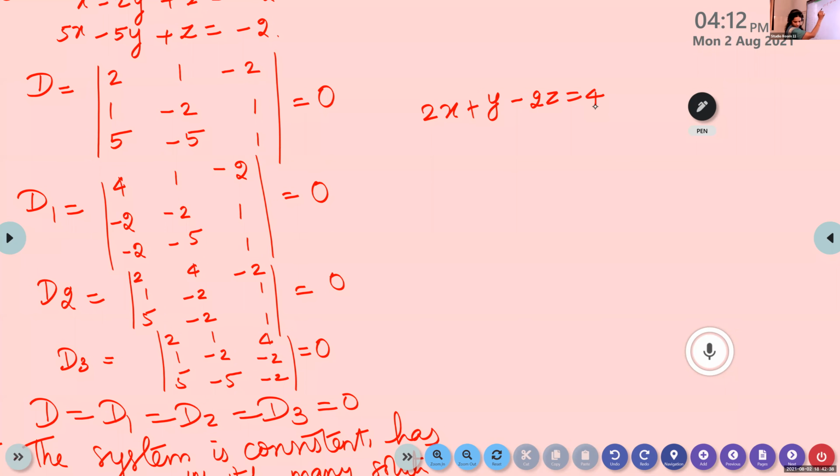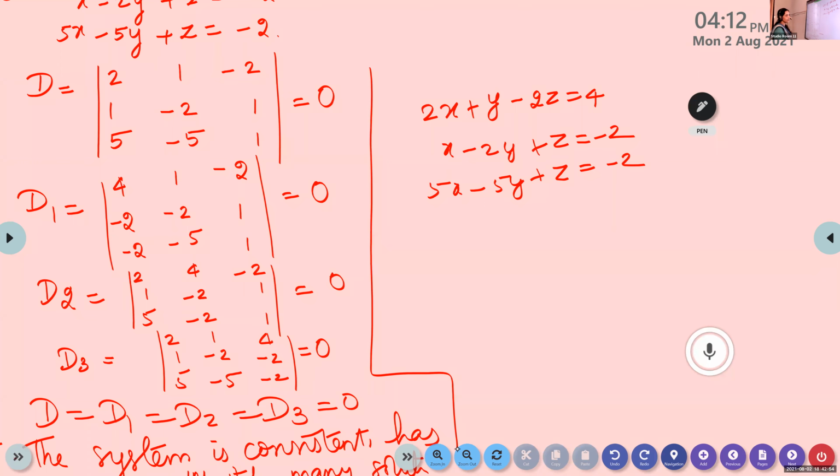The second equation is x minus 2y plus z is equal to minus 2. And the next equation is 5x minus 5y plus z is equal to minus 2. So this is the given set of equations. We understand that the given set of equations has infinite solutions. How to find them? Listen all of you. Don't write, listen.